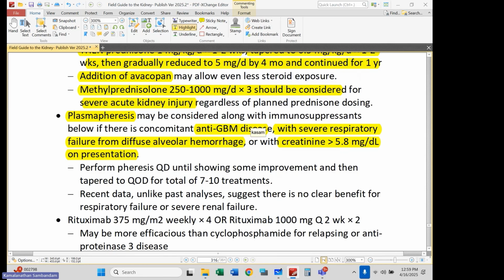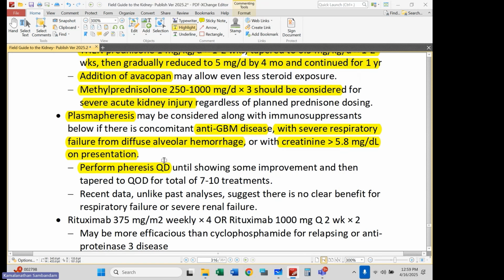Whether you want to do it for severe crescentic presentations is going to be an art of medicine decision. You'll probably use how much IFTA is present. Do you have 80% crescents with no IFTA? You might want to consider it, right? Or if I have 80% IFTA with a creatinine of 7, I say I don't want to use pheresis in this scenario, okay?